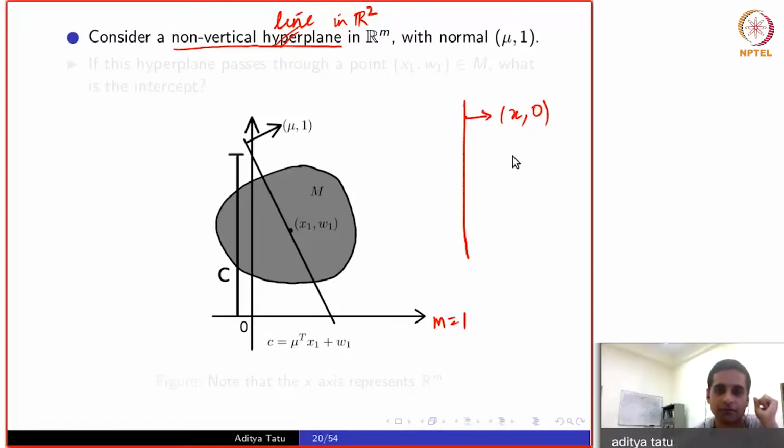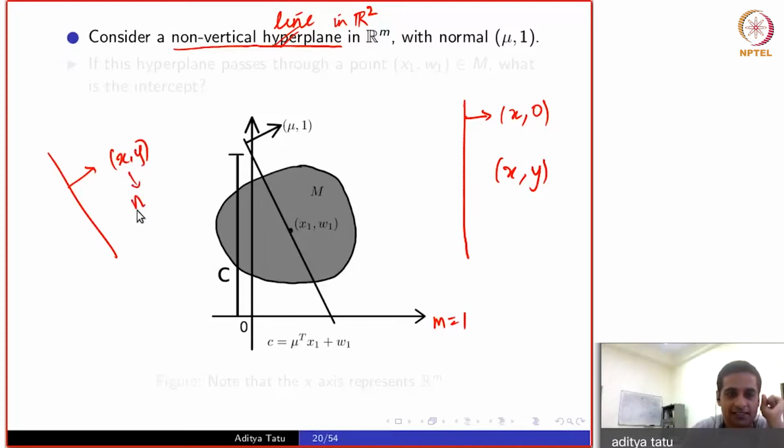0. So as long as I have a non-vertical hyperplane, if I have a vector representing the normal to a particular line, say p_x comma p_y, that also would represent the normal to the same plane or line. By scaling a vector, it still remains a normal vector, isn't it?